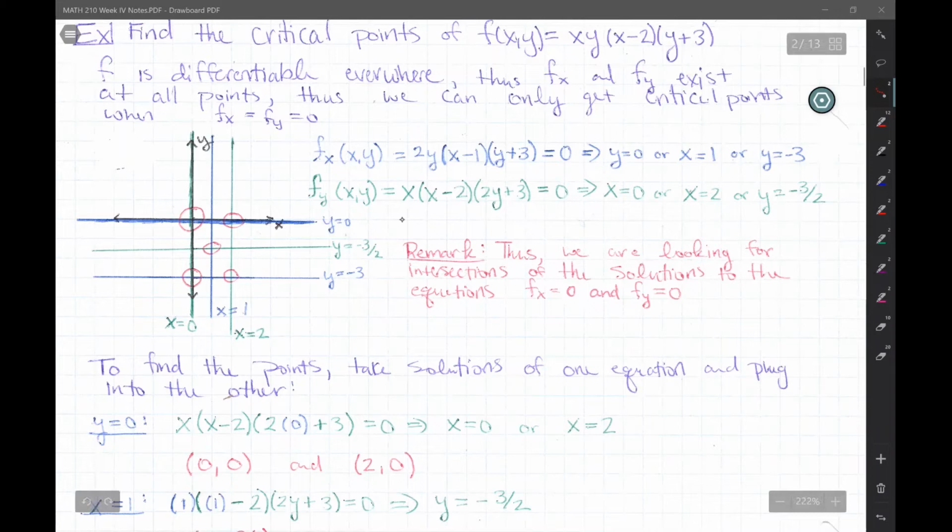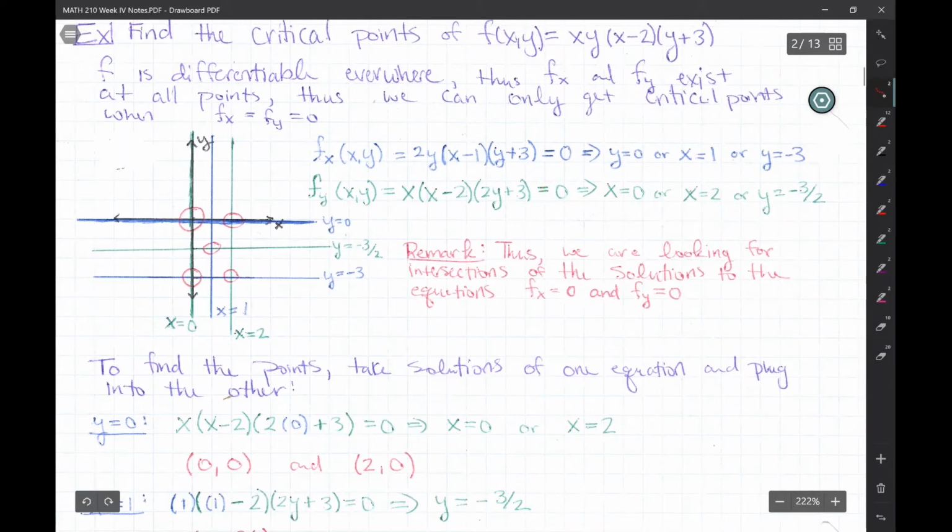Now we could do a similar thing with the partial derivative with respect to y, set it equal to 0, and we get all of these different possible solutions. There are also lines in the plane. Okay, and what's significant about the green lines in the plane there? Those are lines in the domain at which the partial derivative with respect to y equals 0.